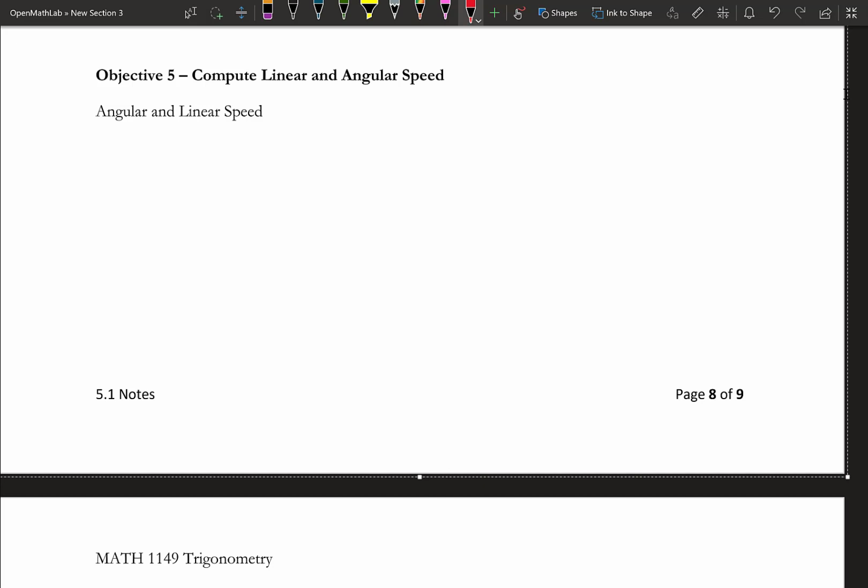So let's say I have like a tire. Right, so here's my tire. I have a center of the tire, and let's say I draw this ray in here, and I'm going to call this point A on the tire, and this point B on the tire.